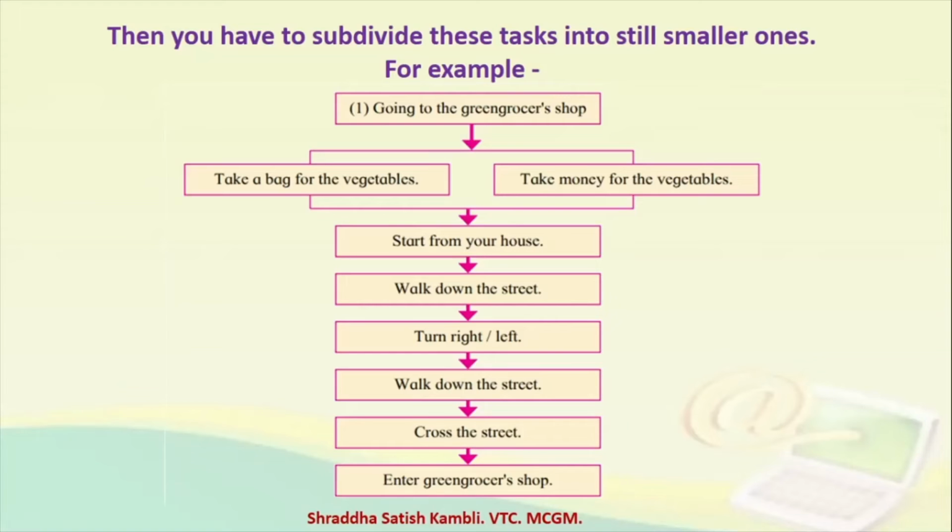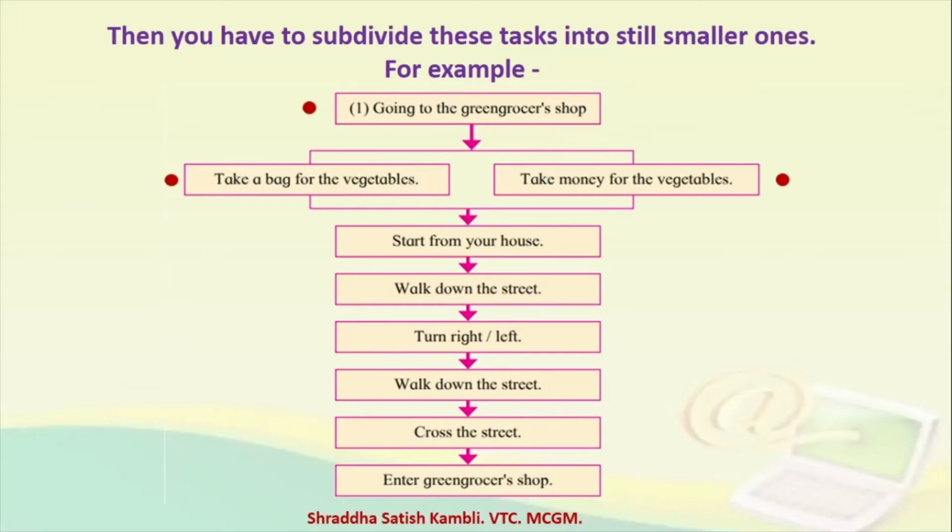The computer has to be told, okay, going to the greengrocer's shop. After going there or for reaching there, what all you will do? So going to the greengrocer's shop means take a bag for the vegetables, take money for the vegetables. These are two important things. Of course, your mommy will give you the bag, she will give you the money.